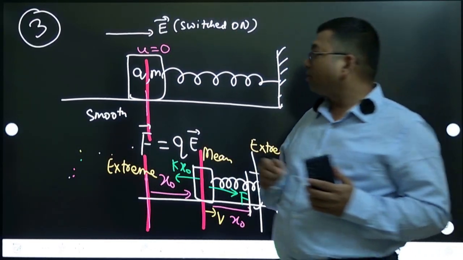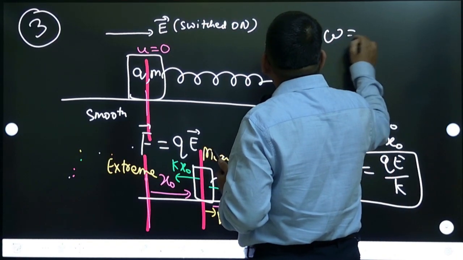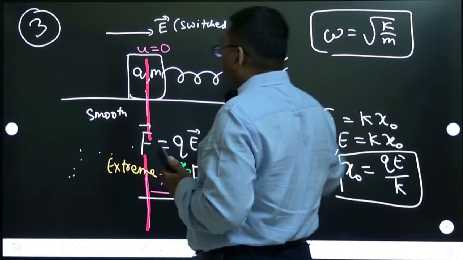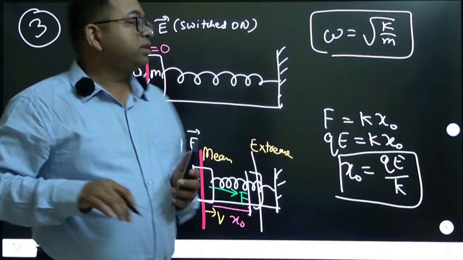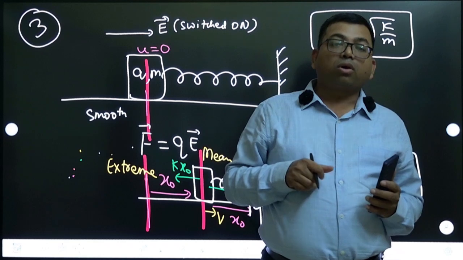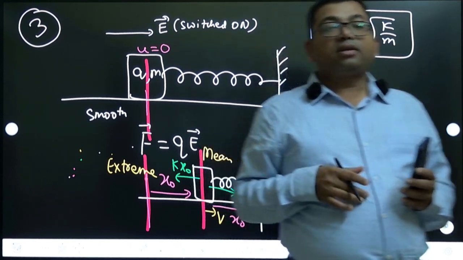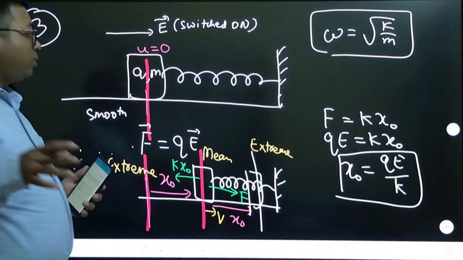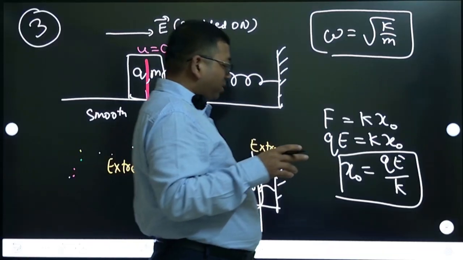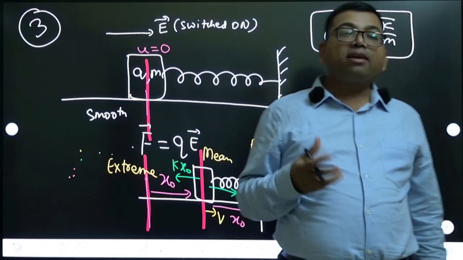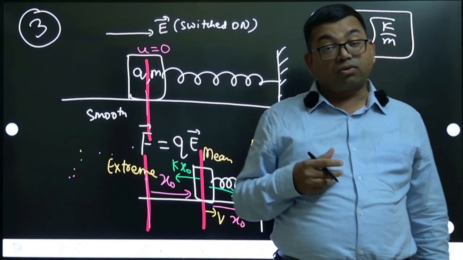Note that the frequency of SHM, omega, is root under k by m. This does not change, right? This depends only on the spring constant and the mass of the block. Clear? But now I will tell you a very important thing, why this is happening: because the applied force is a constant force.